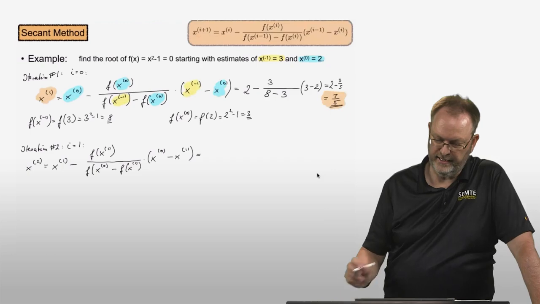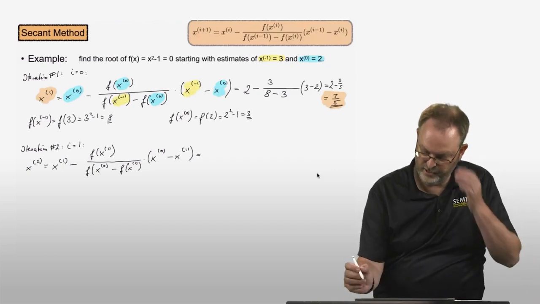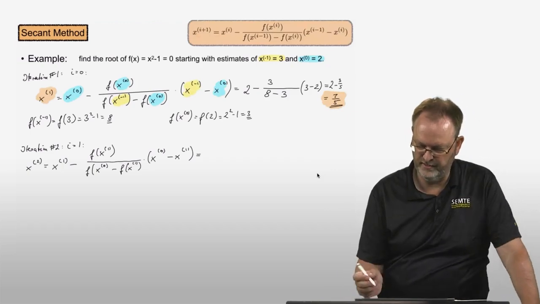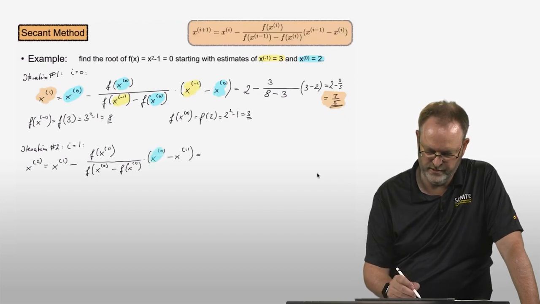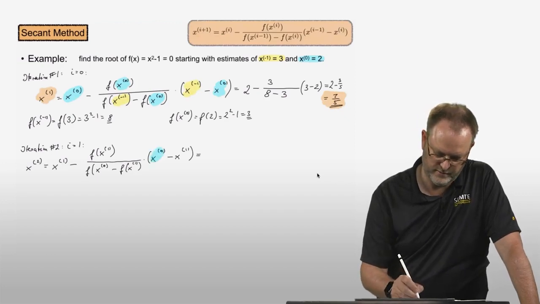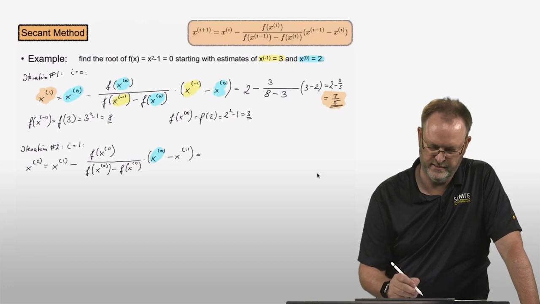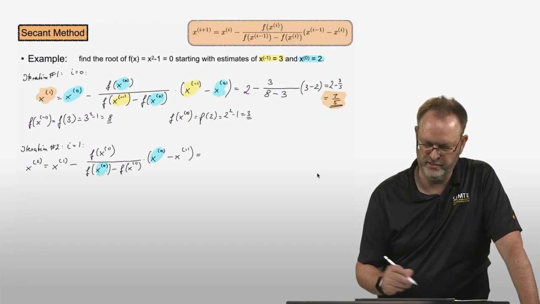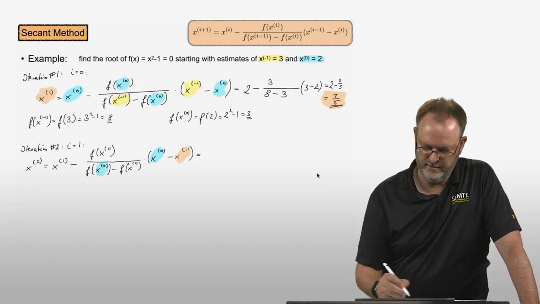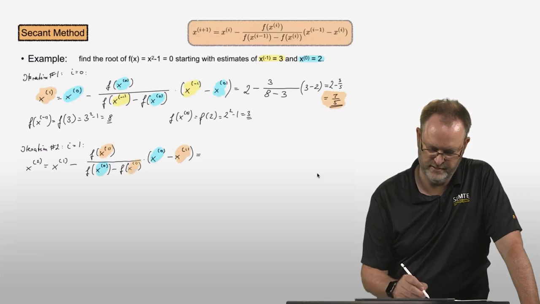Okay, let's plug in the values that I know. Let me mark some of them here. I know the x0 value. Right, forgot to close the parentheses there. That's where the x0 goes. And my x1 goes into here.